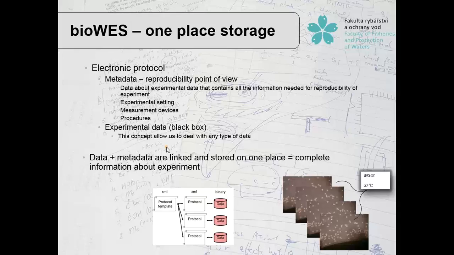It means that if your experiment produces time series, you can store them in the system. You can store images, you can store videos, you can store Excel tables, and so on. So the system is not limited in the data types it can store. But the disadvantage is that you can't do queries.